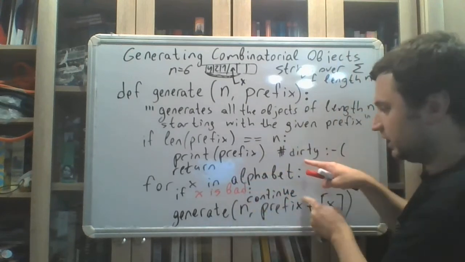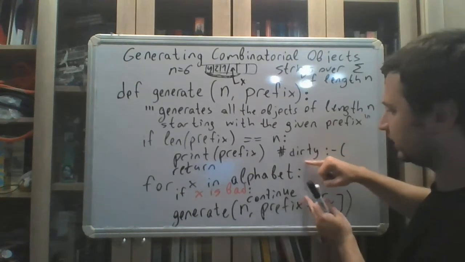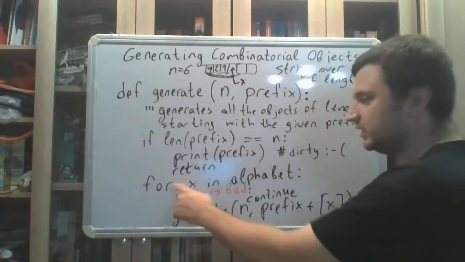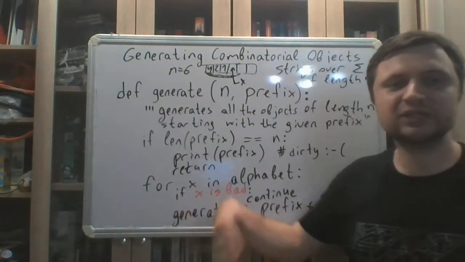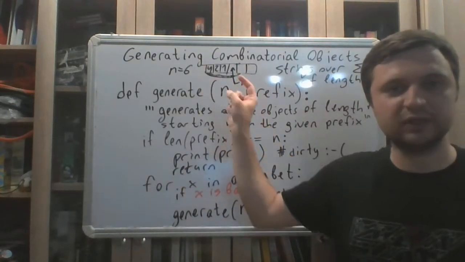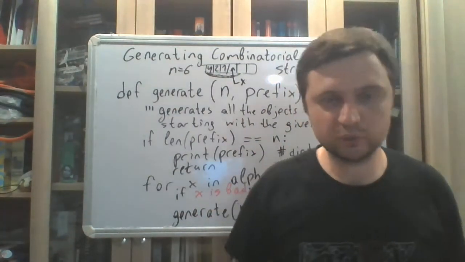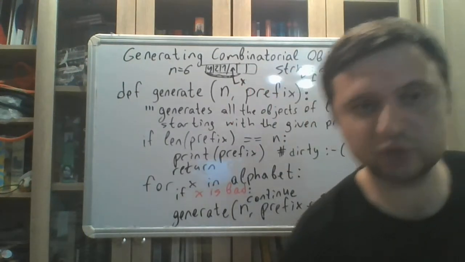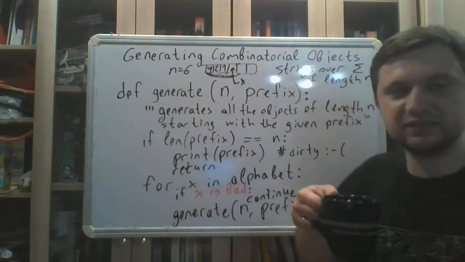The most complicated thing will be to iterate over here only by the good x values, which is usually a simple for loop over all the possible x values, and a smart exclusion of the bad x values that do not fit into the previous part. So this is usually the only smart code you do in this place. And otherwise, this is the general code that works for generating combinatorial objects of many different types.